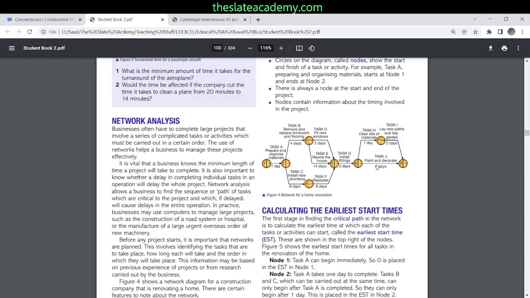Then you write the days it takes for each task to get completed. Then you calculate the earliest start time first for all the activities, and then working back you calculate the latest finish time for all the activities.